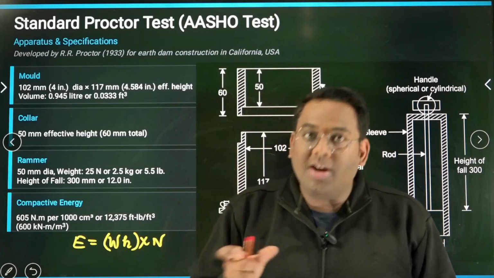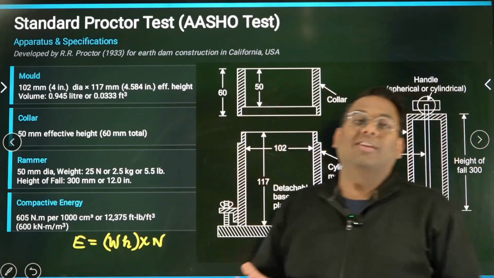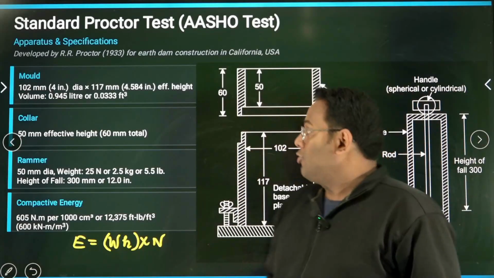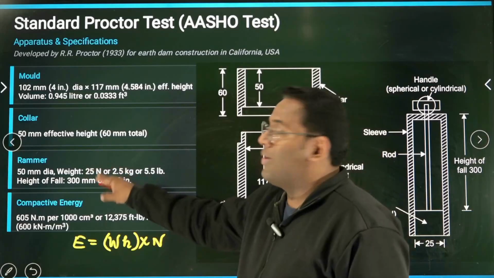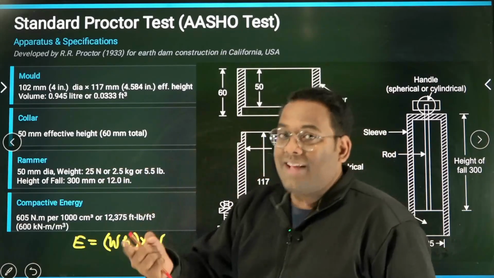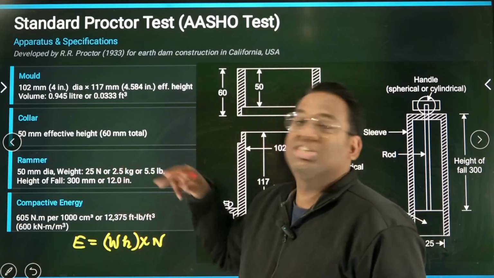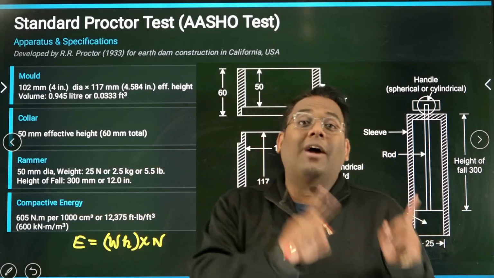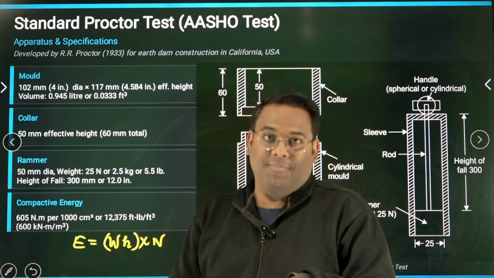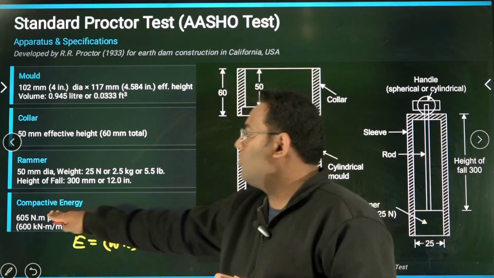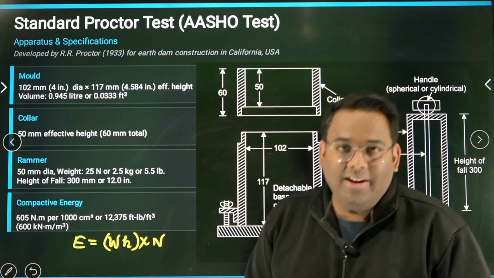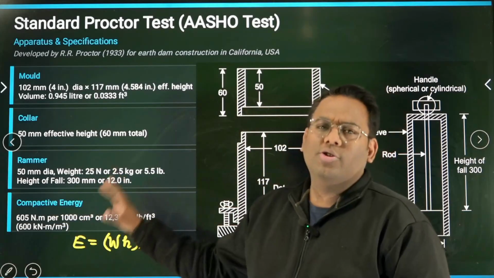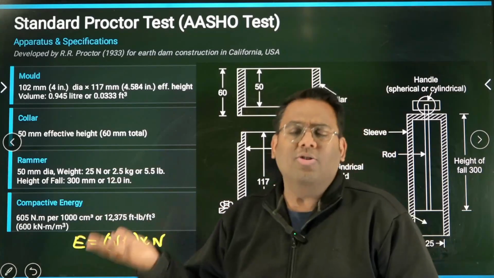That means the total number of blows in the standard Proctor test is 75. So what is the weight of the rammer? That is 25 Newton. What is the height of fall? That is 12 inches or 300 mm. And the number of blows is 25 blows into 3 layers. So this is how you actually calculate the compactive energy. And yes, we are going to do that in the numericals also.